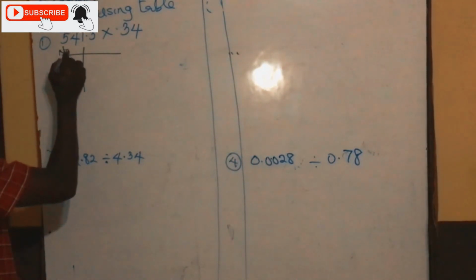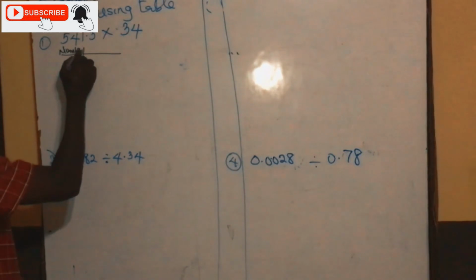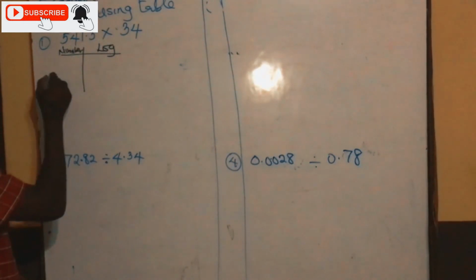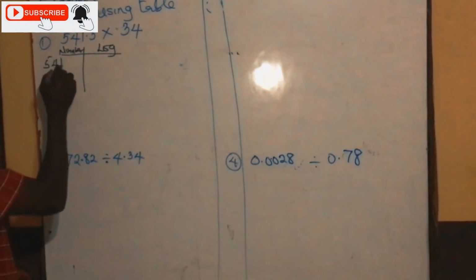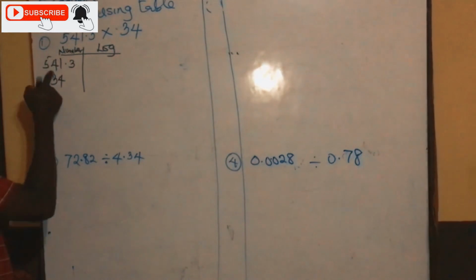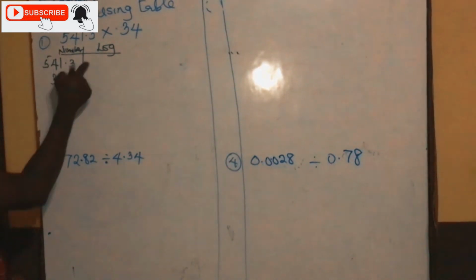Number, log. So 541.3, then 34. What is the characteristic of this one?